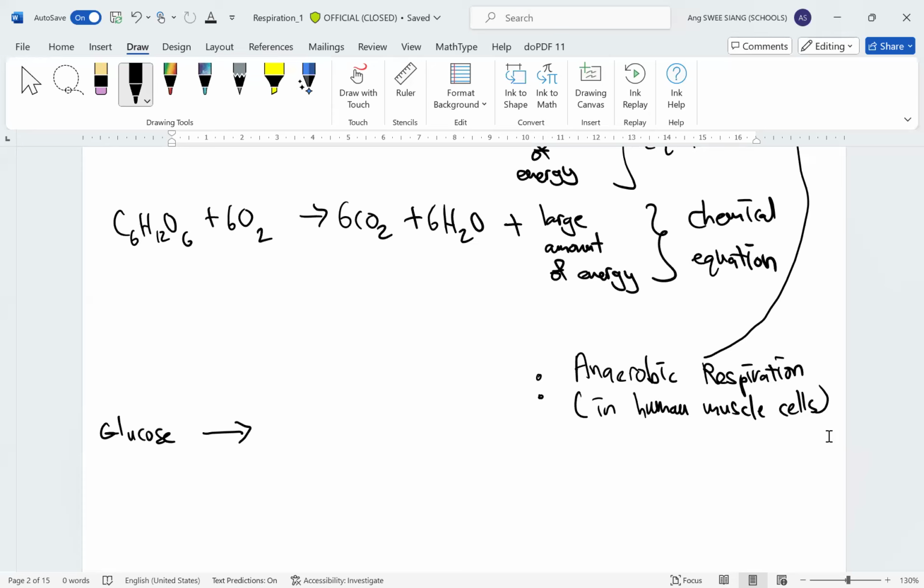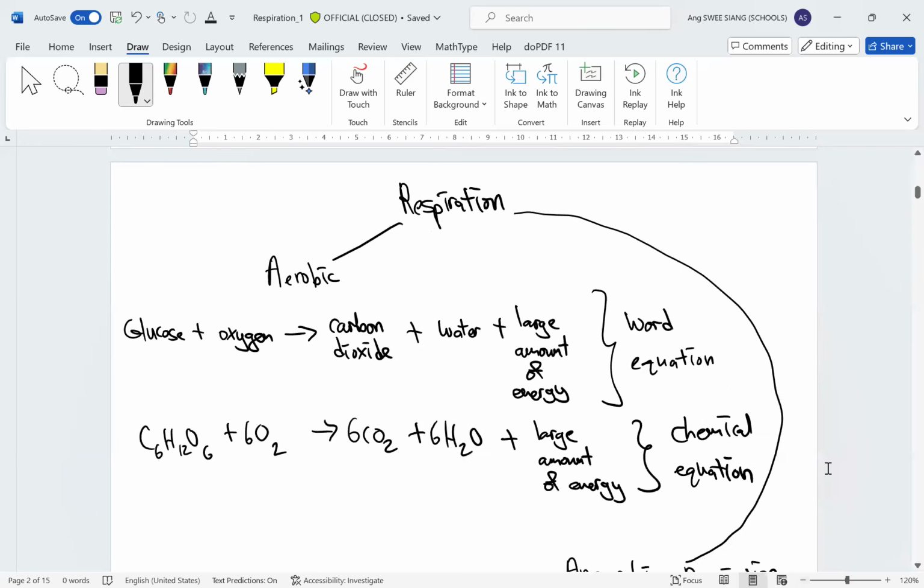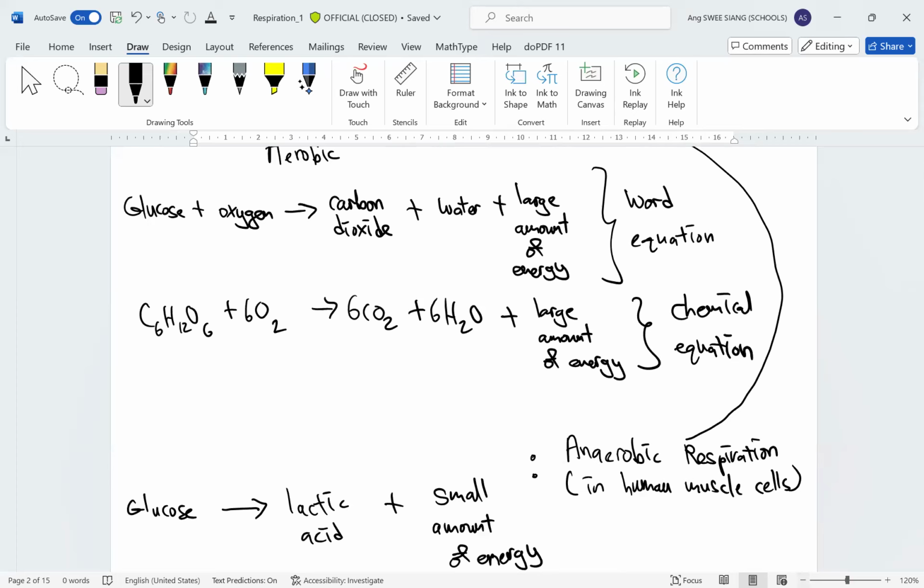No. So it's lactic acid, you're correct, plus a small amount of energy. For anaerobic respiration, you don't need to know the chemical equation because the chemical formula of lactic acid is not required of you.